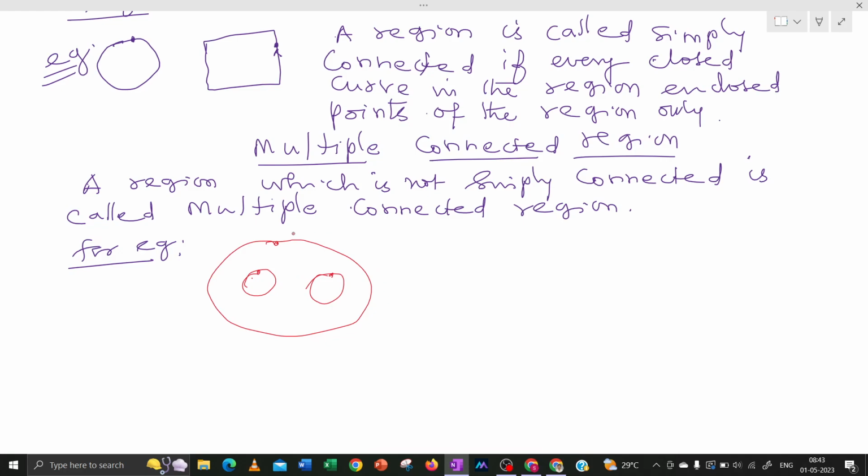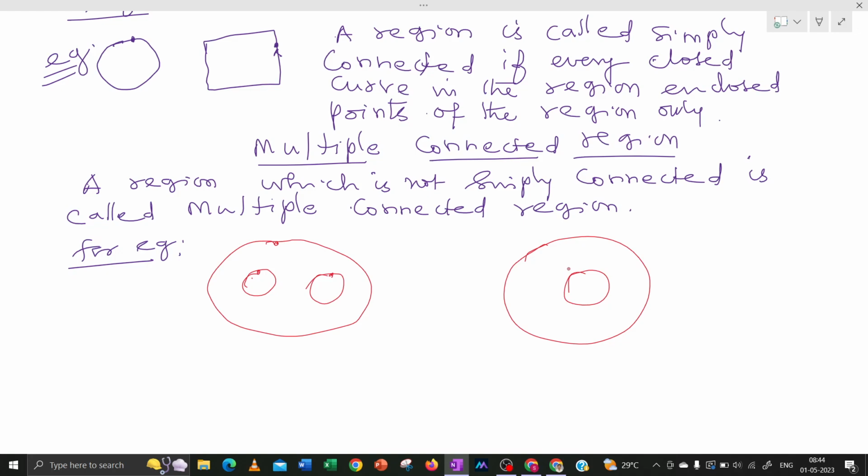Only one curve is simply closed, two more curves are there. Otherwise, one more example is the annulus. This annulus is also a multiple connected region.